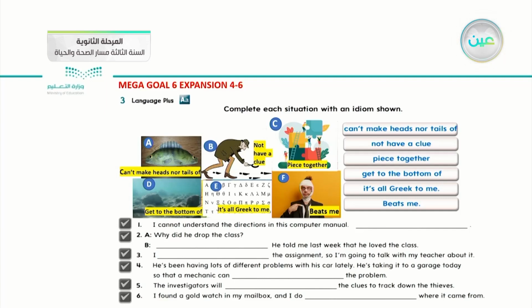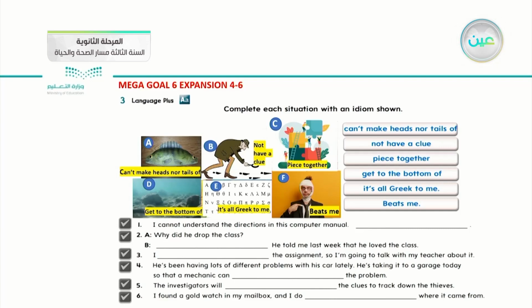Let's go for the second one. What do you see here? We found a hero. This is a detective story. He follows a clue, but they give a notice that he does not have a clue. Okay, this is now B. Now we will go to C. What do you have on this C, or what do we discuss in C? We have piece together.